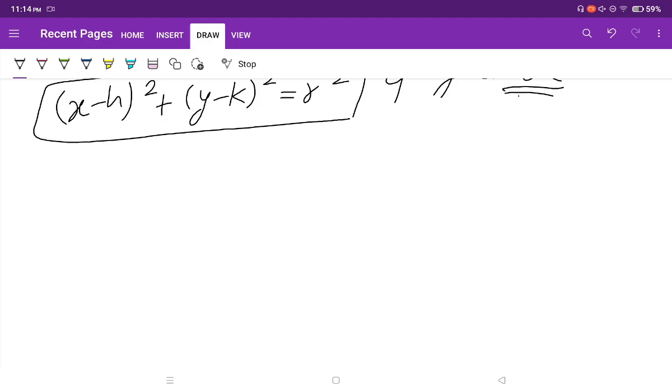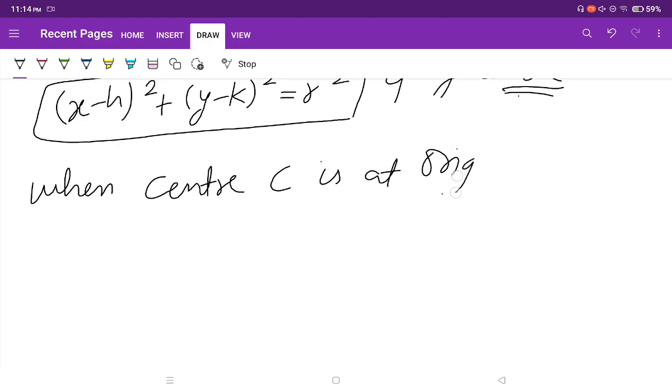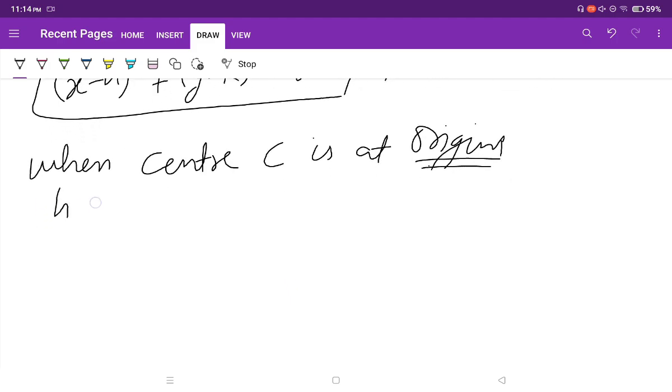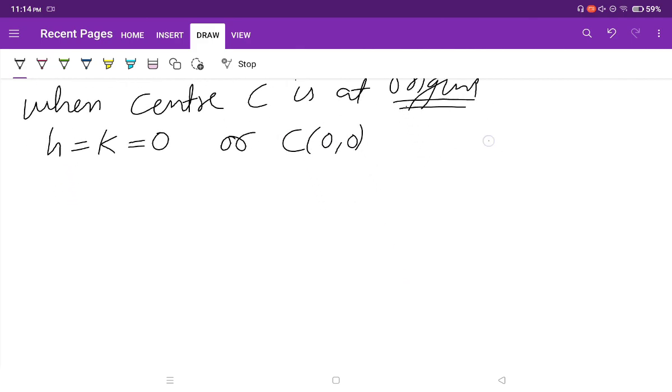Now let's take a special case. What happens when center C is at the origin? So we have h equals k equals 0, or C as (0, 0). So how will this circle look?